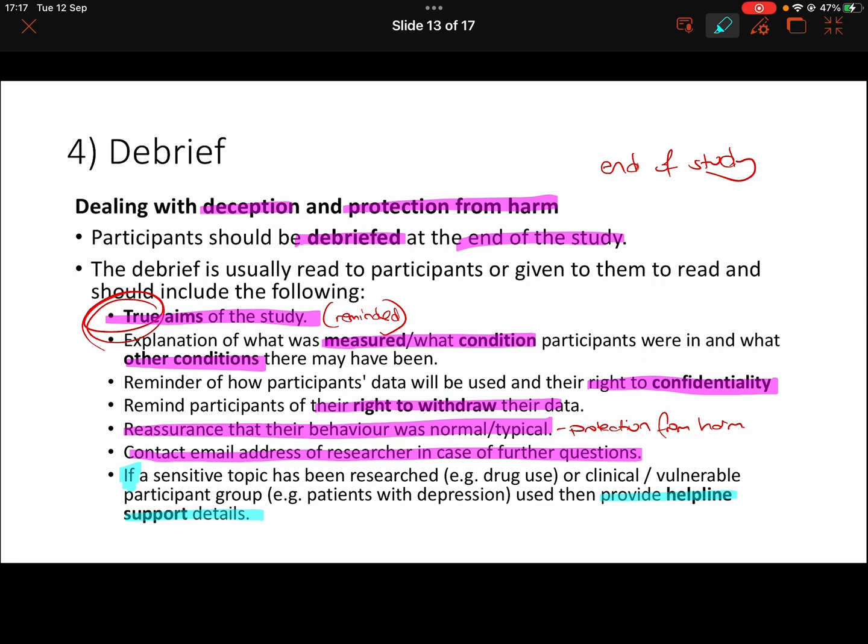For example, if in the course of the research, we have found that one of our participants is actually addicted to drugs or has very severe depression. In that case, it's our duty as a researcher to ensure that they get the help they need. That might not be from us, but it's important that they know who to go to get that help.